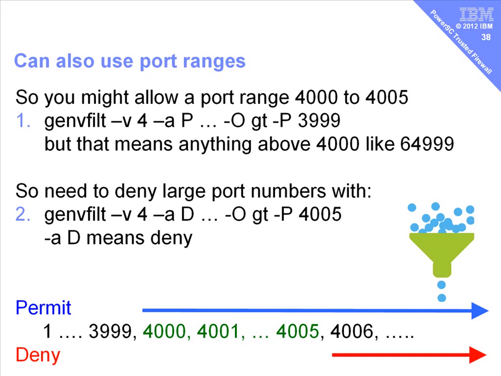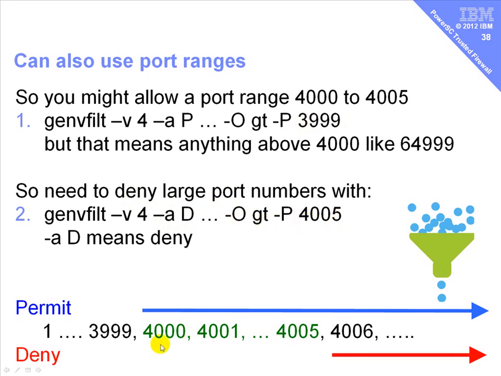Well, we can use the same commands as we've seen before, but we're going to use the target port number of greater than, GT, 3999, so that means any port number 4000 or greater. And then, this is the first case, we're going to use a deny, a minus a deny, again, on the destination greater than 4005.